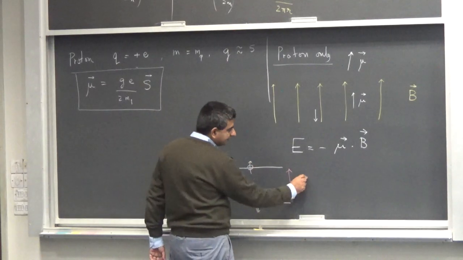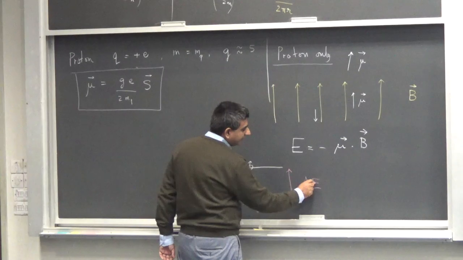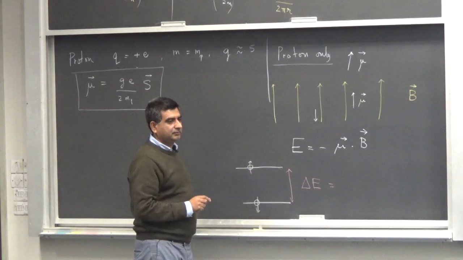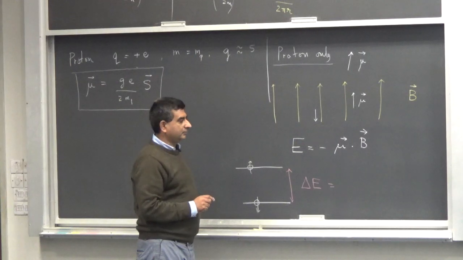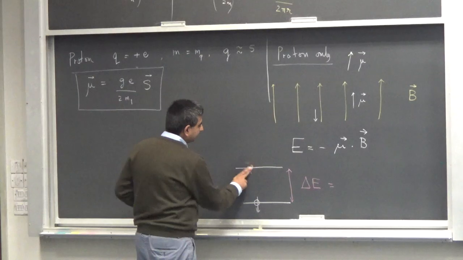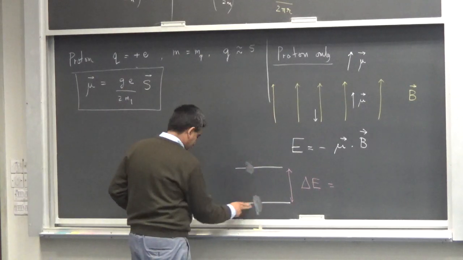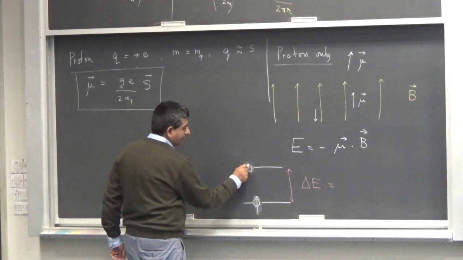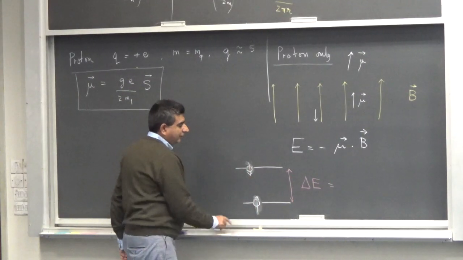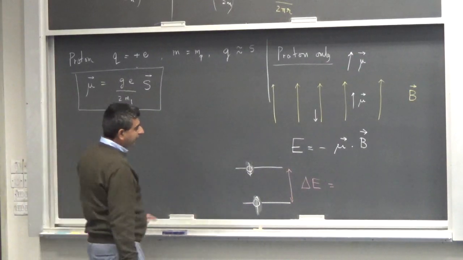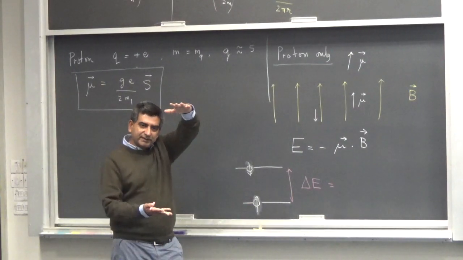Let's call that gap delta E. Sorry, so this is anti-parallel and this is parallel. For electron it will be the opposite, but we're talking about a proton here. So there's an energy gap between these levels.